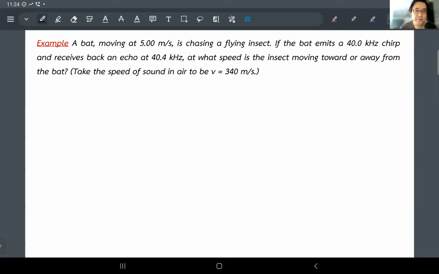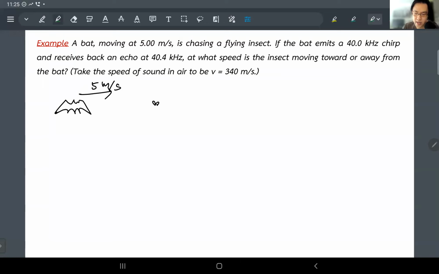A bat moving at 5 meters per second is chasing a flying insect. So now you have a bat flying at 5 meters per second, and there is a flying insect somewhere here. The bat emits a 40 kilohertz chirp.